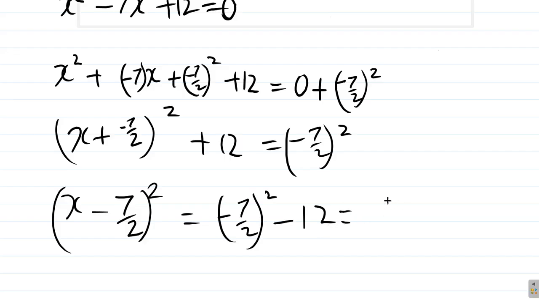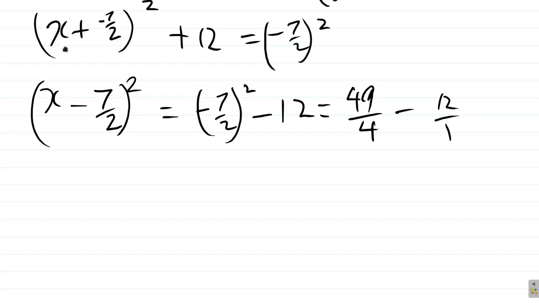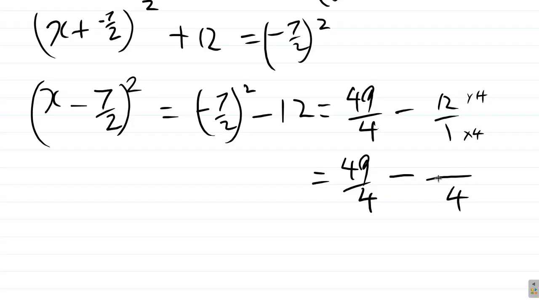What would this work out to be? We can now square it out because we want to find x. Negative 7 squared is 49 over 2 times 2 is 4, minus 12 over 1. Using common denominators, this can be written as 49 over 4 minus, multiply the 1 by 4, you get 4, multiply the 12 by 4, you get 48.